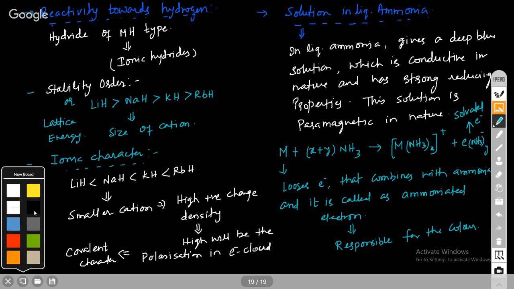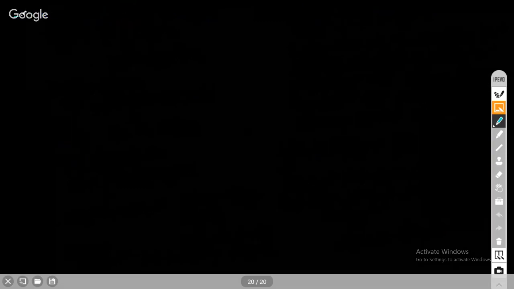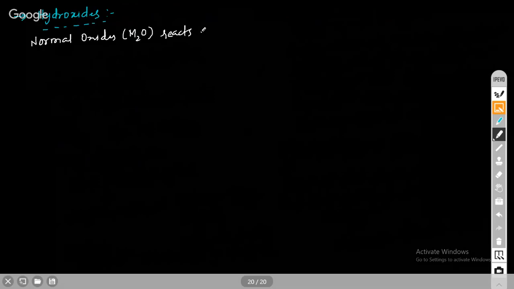Next you see hydroxides. Write down: normal oxides, which is M2O type, react with water to form hydroxides.